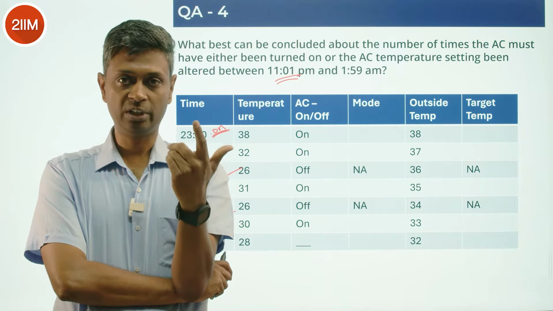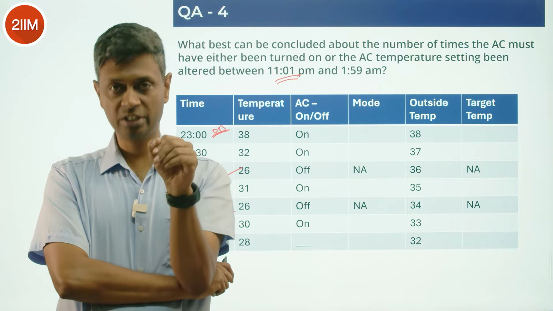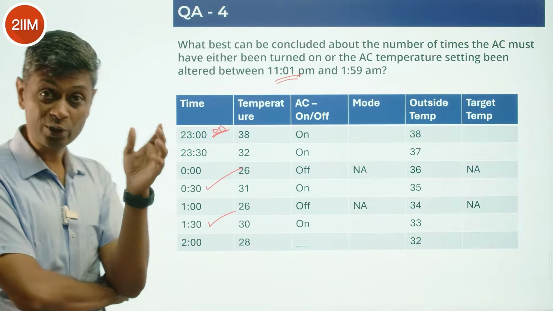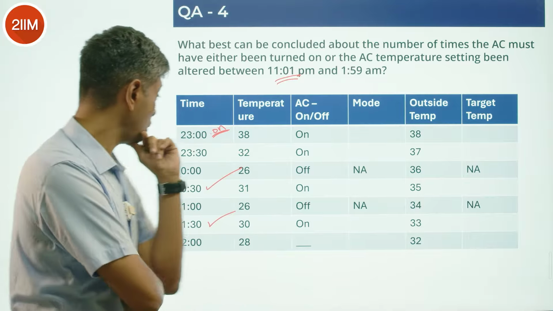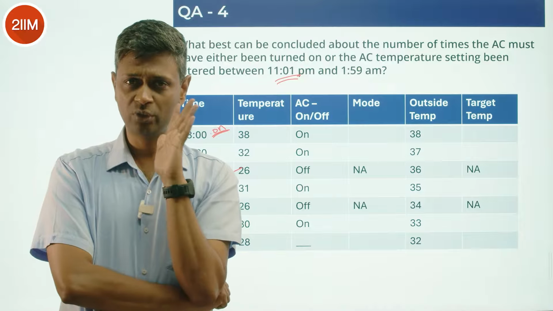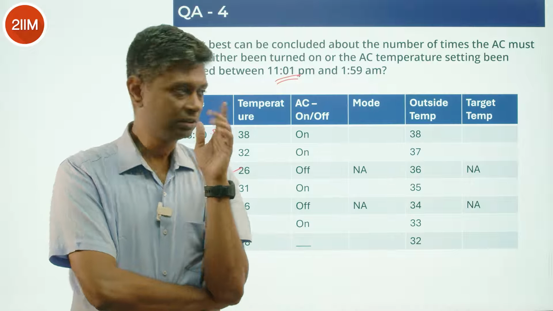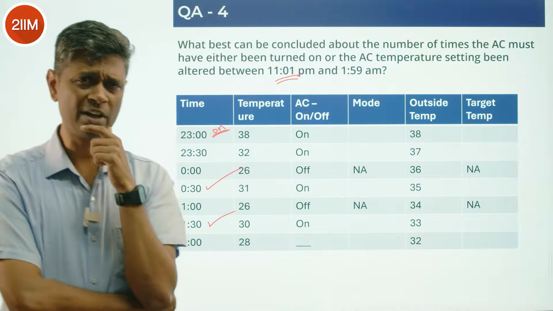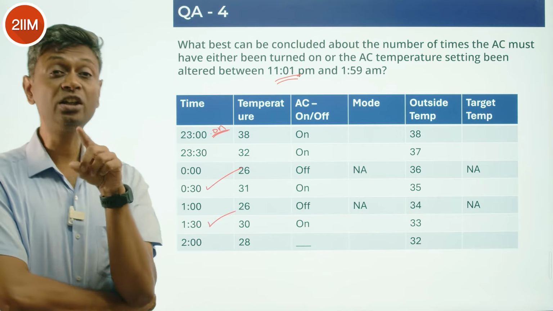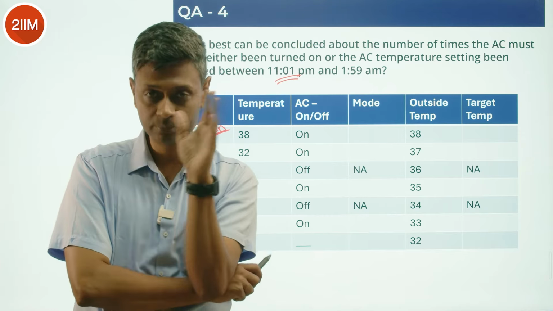What happened at these times? Right? At 2 of those times, 12 and 1, it has been switched off. At 2 of those times, 12:30 and 1:30, it has been switched on. These 4 points are very clear. This entire question now hinges on, hey, what happens at 11:30? At 11:30, it continues to be on.